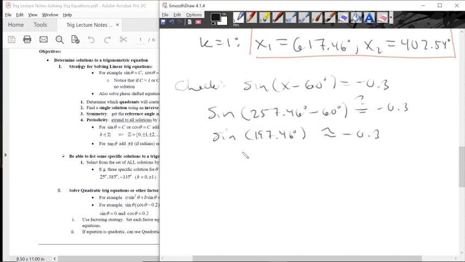Checking that, I get approximately negative 0.30004, which is certainly approximately negative 0.3. Similarly, you can check it for the remaining values here to make sure that it works.